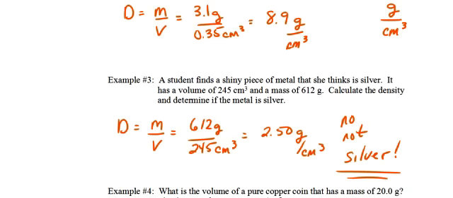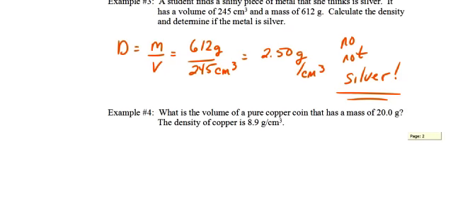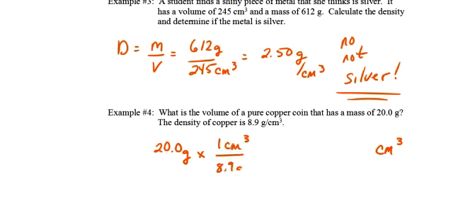All right? And in the final example here, it says what is the volume of a pure copper coin that has a mass of 20 grams? The density of copper is 8.9 grams per cubic centimeter. Well, you're looking for the volume in cubic centimeters. You're starting with 20 grams, and so now you're going to be multiplying that by some form of this density. We're going to put the cubic centimeters on top, and we're going to put the 8.9 grams on the bottom.